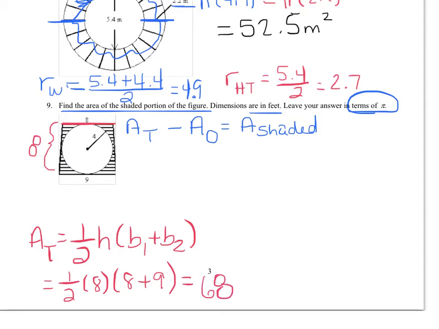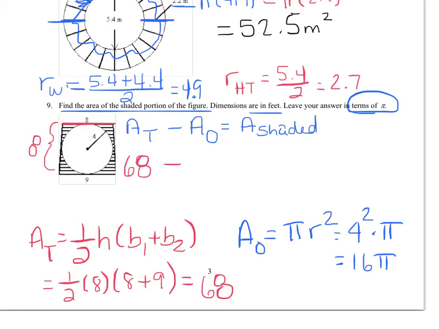And then for the area of the circle, that's pi r squared. We're leaving it in terms of pi, and the radius is 4, so we get 4 squared times pi, or 16 pi. So we end up with 68 minus 16 pi, and that is your final answer, and it would be in feet squared.